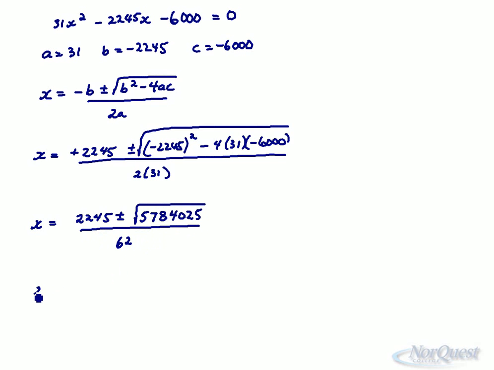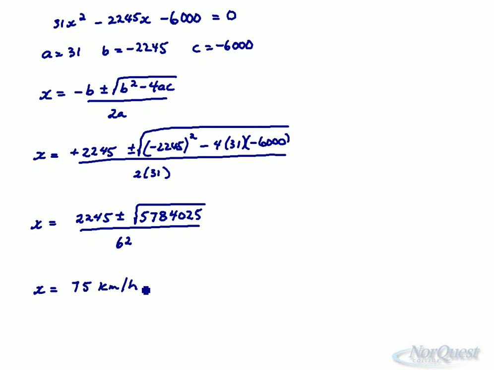Now punch it in. So we'll go 2245, just like I was showing you on the calculator, 2245 plus second function square root 5784025, close the bracket, enter. Divide by 62. So you get 4,650 divided by 62 gives you 75 kilometers per hour.